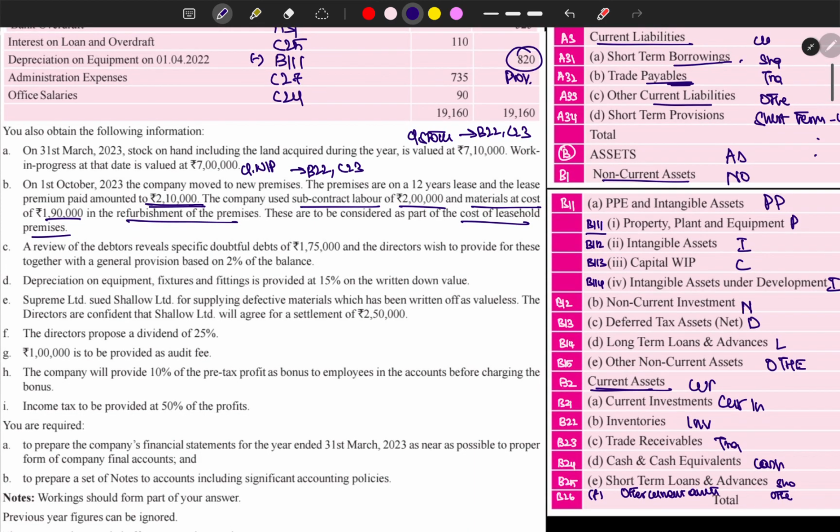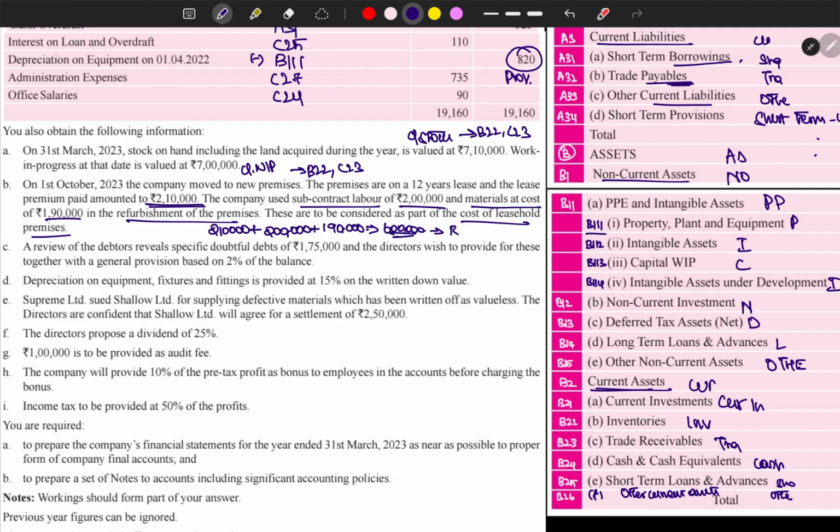Okay, so the entire cost of leasehold premises is 2,10,000 plus 2 lakh plus 1,90,000, which is 6 lakh. Okay, 6 lakh is the value of premises.